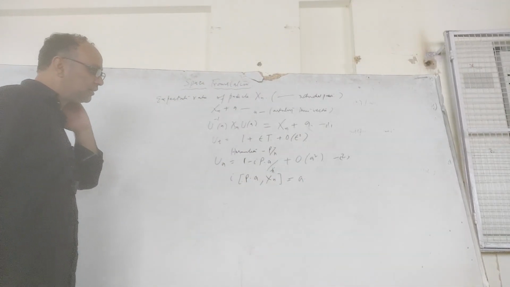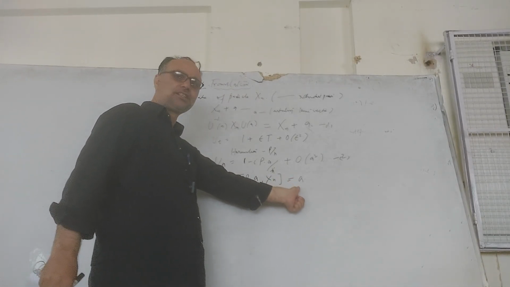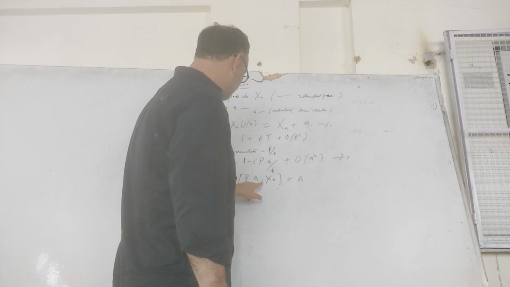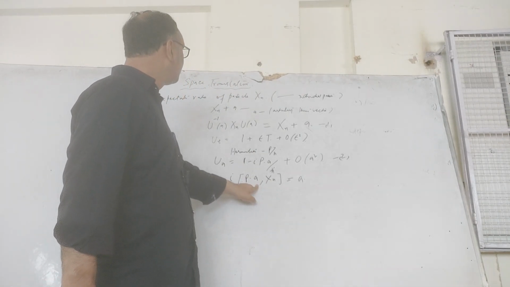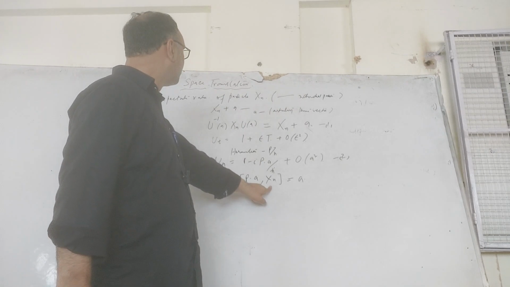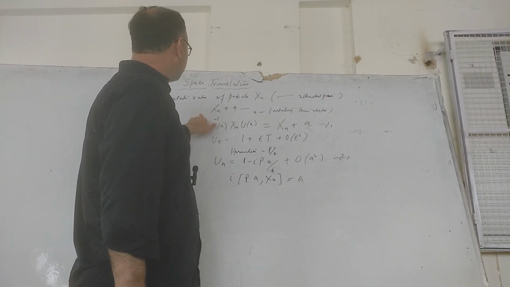If we want to write it in terms of the elementary quantum of action, the commutator and this a, the displacement, and xn is the original expectation value.